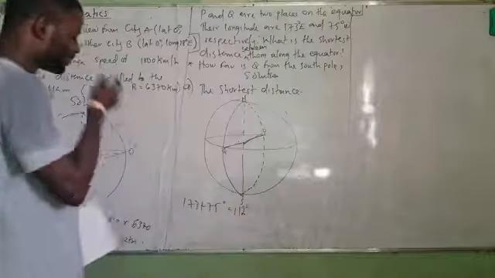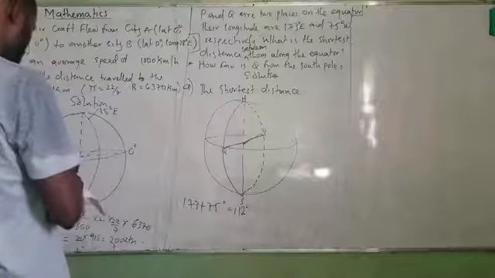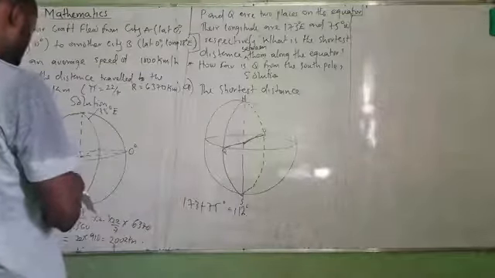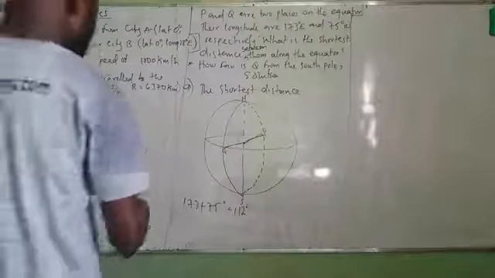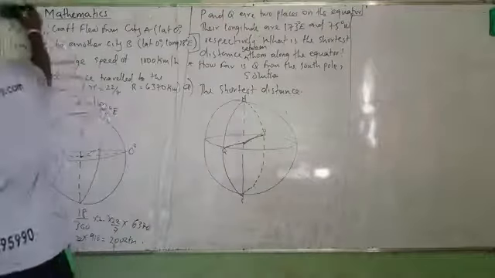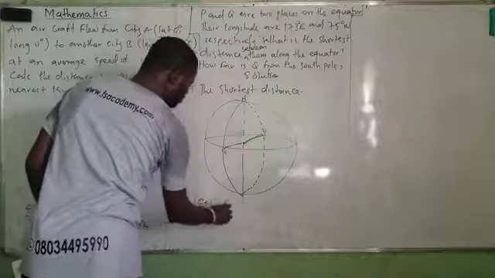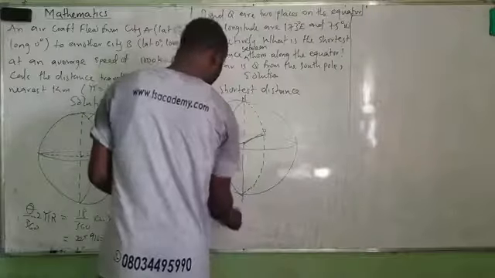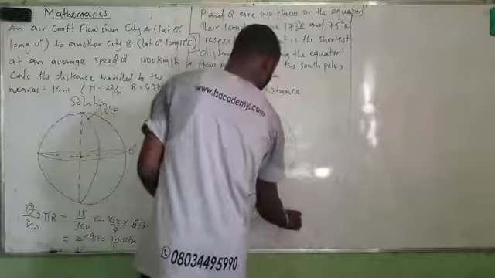Sorry, I think I'm making a mistake, because here it will be 360 minus the bracket of 173 plus 75, which is going to be 112 degrees.